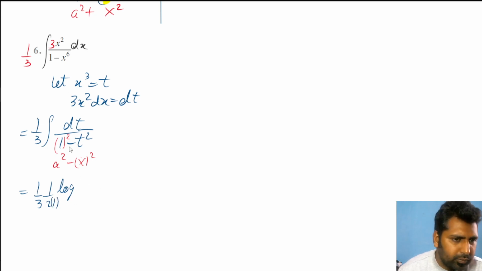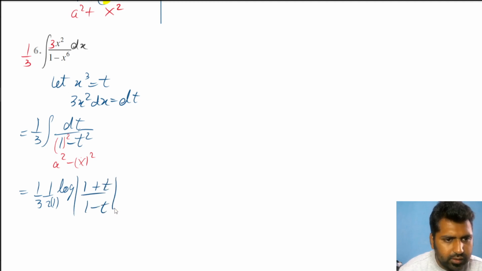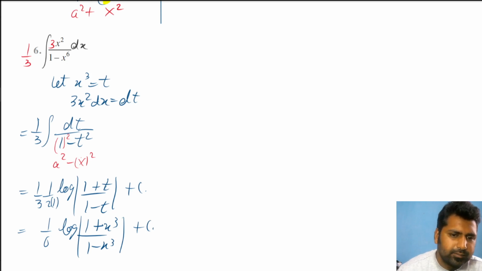Then log a plus x upon a minus x, so a is 1, 1 plus t upon 1 minus t in the mod plus c. Okay, so this is 3 into 2 becomes 1 by 6 log 1 plus x cube upon 1 minus x cube, plus c. Okay. This is done.